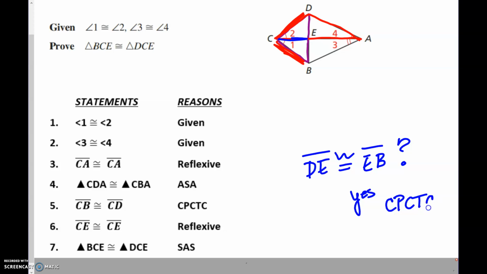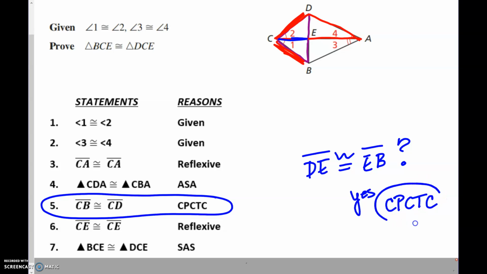So once you get the triangles congruent, all remaining corresponding parts are congruent, which is what we had to use in here in order to get those two little triangles congruent. Okay, that's the whole lesson for today, is using that corresponding parts of congruent triangles, the CPCTC. So once you get your triangles congruent, you're going to look for that CPCTC.